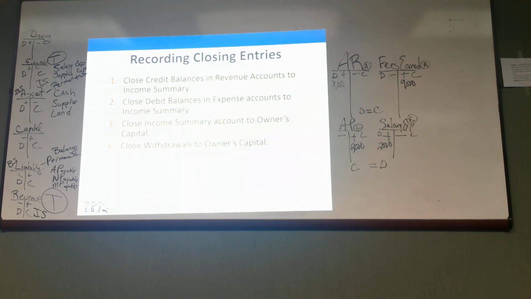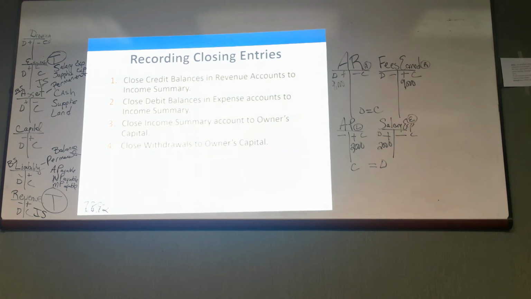Does that make sense? So we're going to make all of the expense account balances zero at the end of the year. We're going to make all of the revenue account balances zero at the end of the year, and we're going to put them all into income summary. The balance for income summary is going to be our net income. Does that make sense? So net income is going to sit in one account.